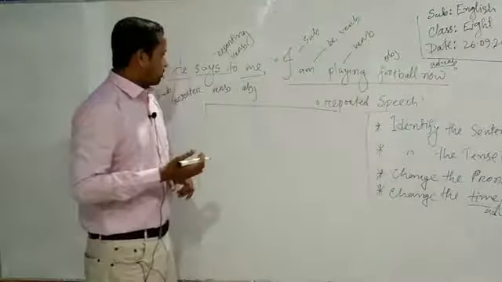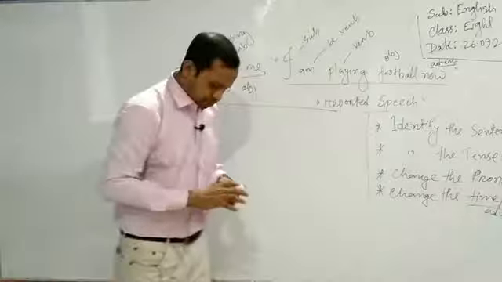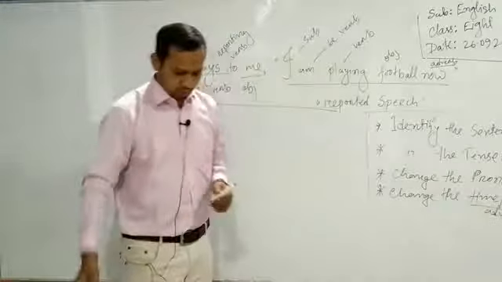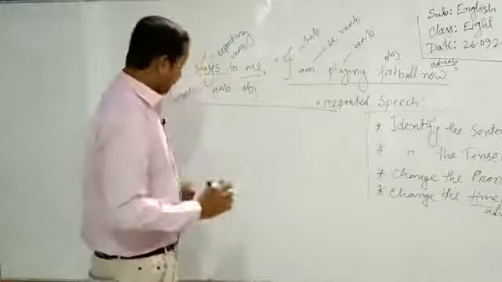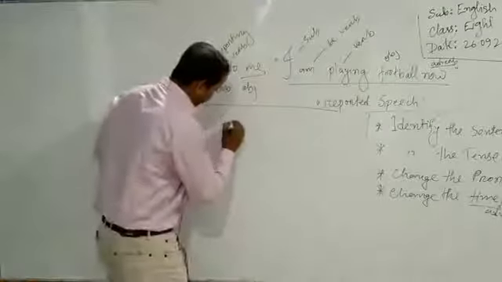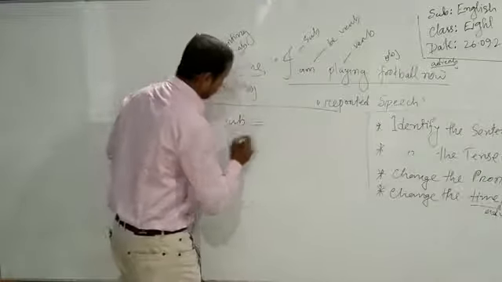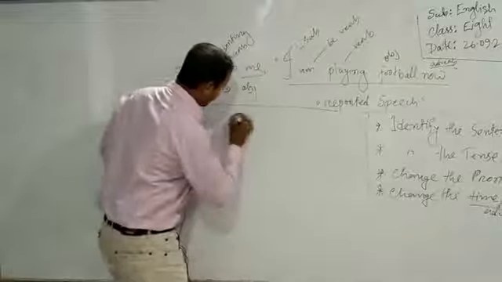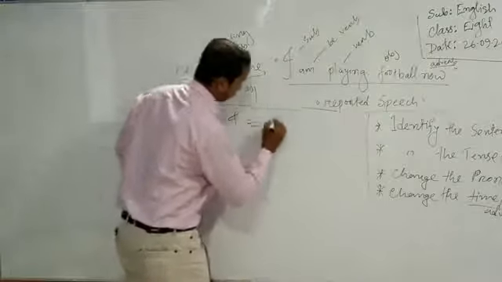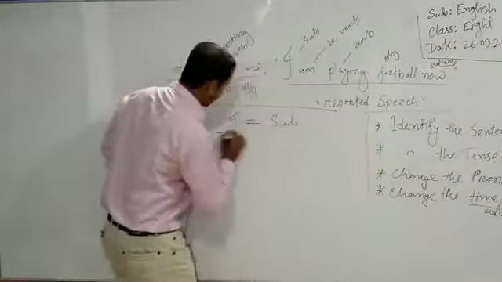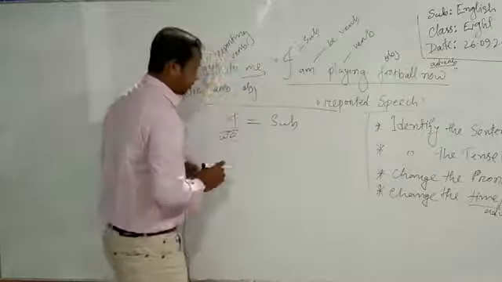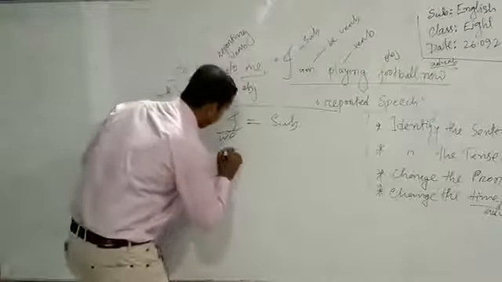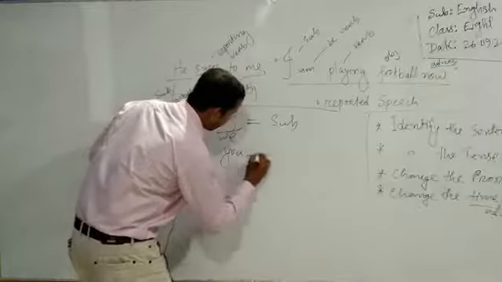So most of the time we notice that first person, second person, and third person are available, but plural number is very few. That is why you have to remember that I equals subject, that means it may be I or we. Subject, you equals object.